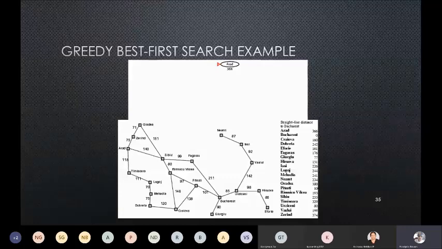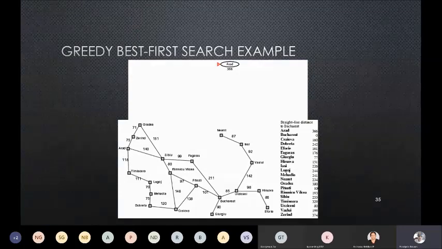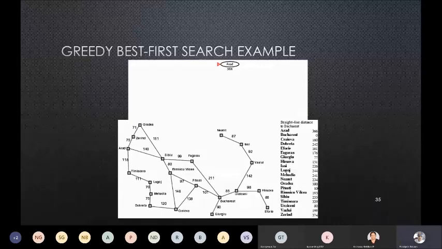We start from Arad. From Arad, Bucharest is 366 kilometers away. From Arad, I can go to three cities. It's really small. So Arad is on the left side. So here I can go to this city called Timisoara. There is another city called Sibiu.